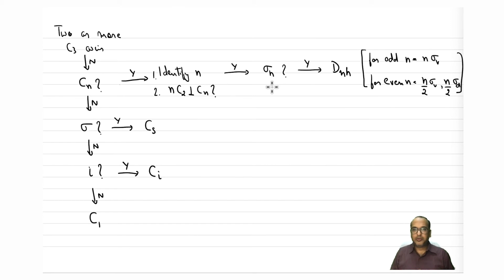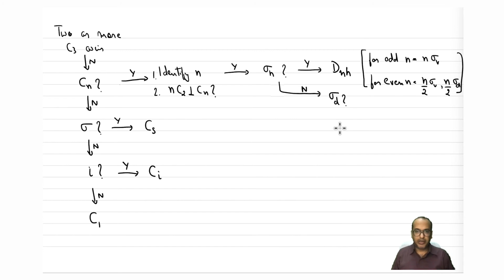Now let's go to if there is no sigma h. So if there is no sigma h, then does the molecule contain a dihedral plane of symmetry? Let me write it over here.